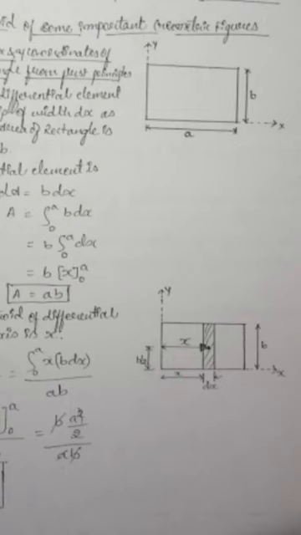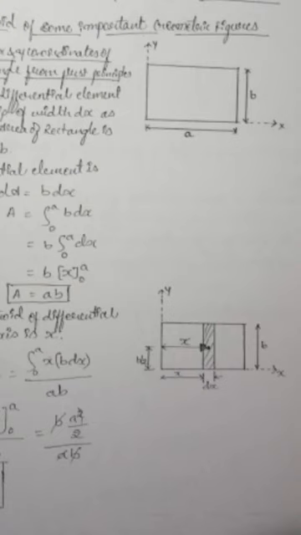If you put a in place of x and then subtract the value at 0, a minus 0, finally you get a.